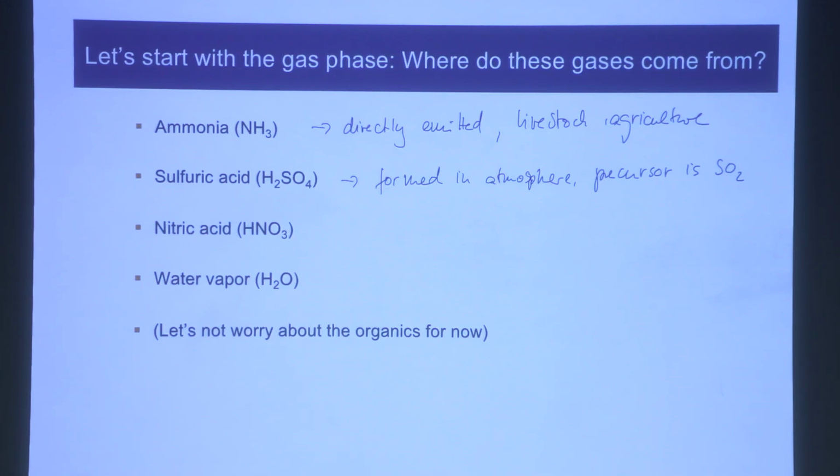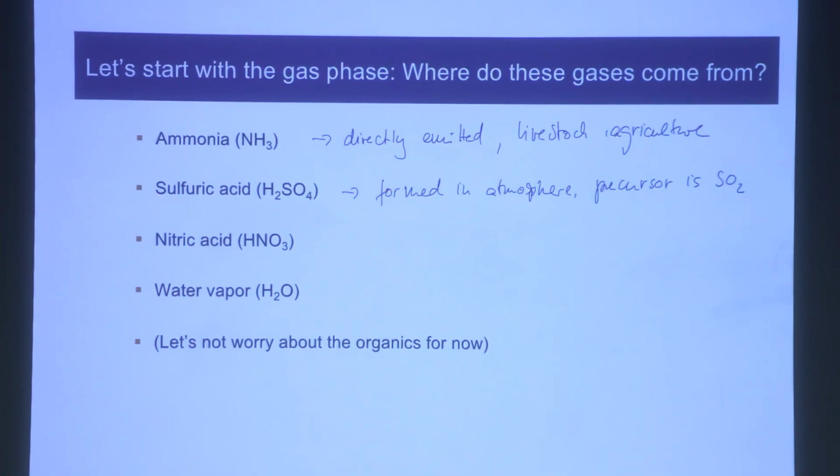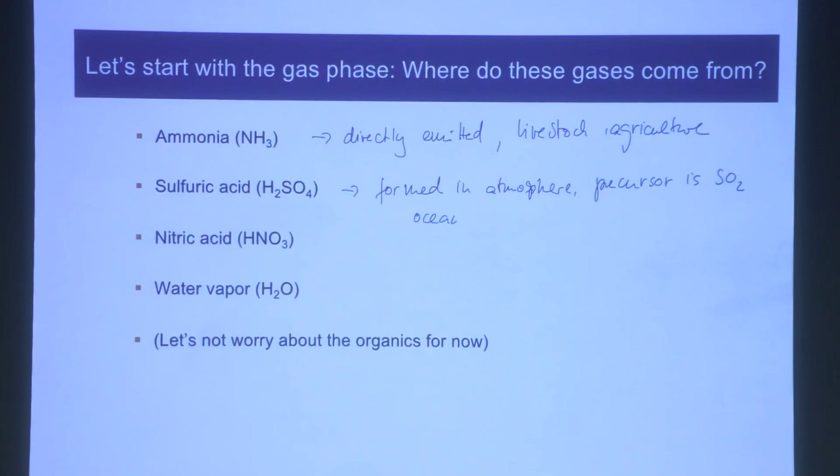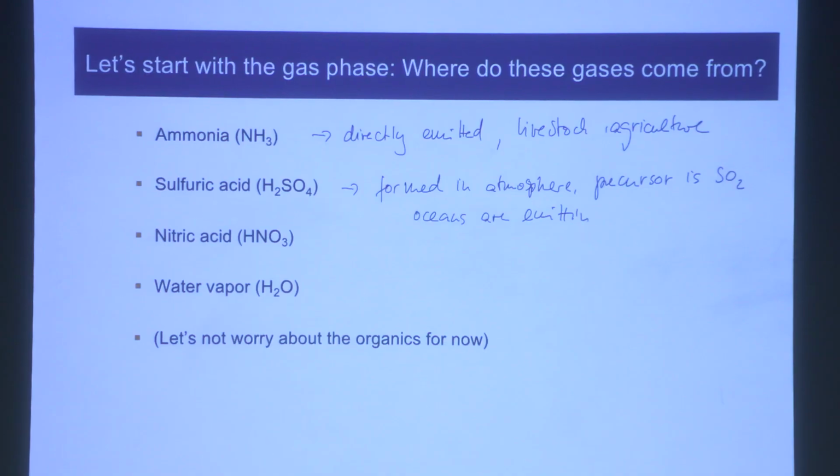There's also another route how you can get SO2, which I don't know if you know about, from the ocean, actually. So the oceans are emitting something that's called DMS, dimethyl sulfide.